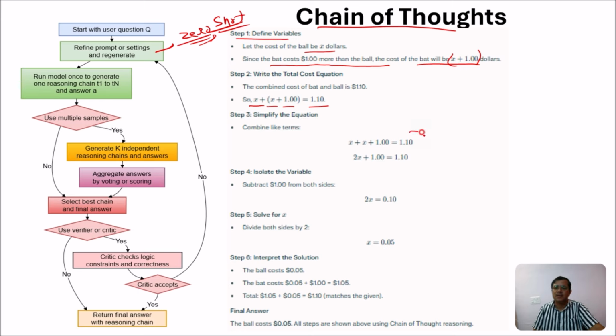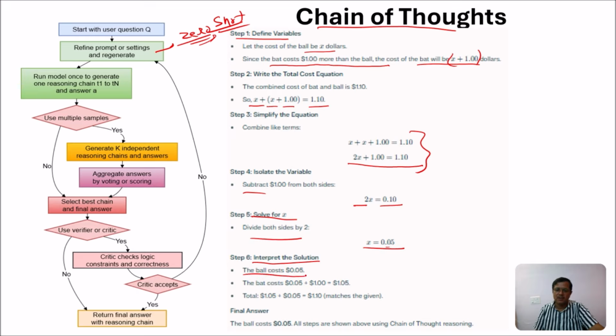Now we have to combine the like terms and solve this problem. Then we subtract, and it will be 2x equals 1.10 minus 1, which is 0.10. When we solve for x, we divide by 2, and it will be 0.05. Now we interpret the solution.